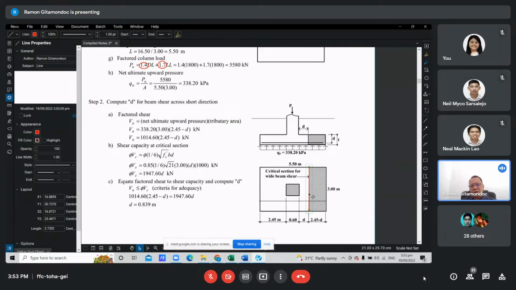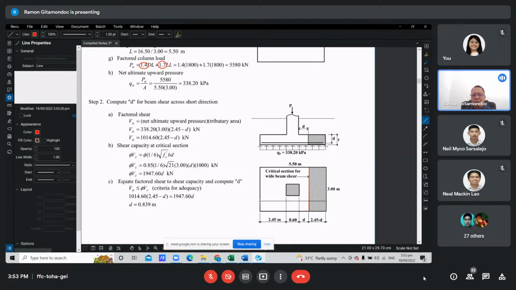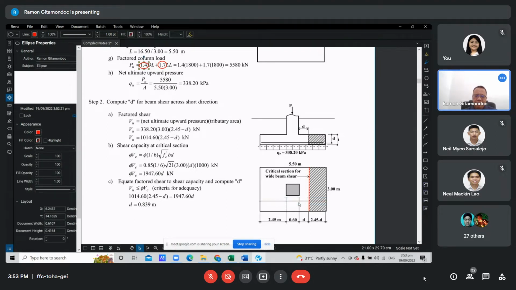The distance from the face of the column across the narrow side, or the distance across the wide side. Between the two, the narrow side is more critical, of course, because it is narrower. So if beam shear failure occurs, most likely it will occur in this critical section here. Let us compute it.